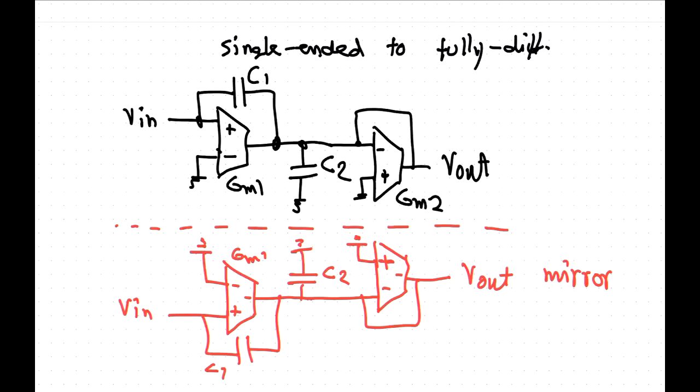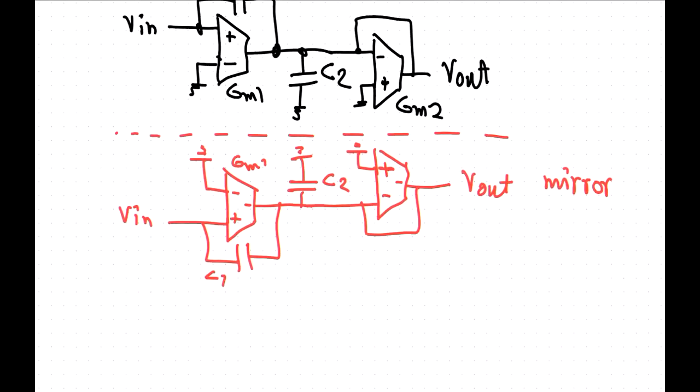But with the mirror circuit, now you can identify all these transconductors, and you can make these two into a fully differential one, where this is a positive input and this is a negative input, and that then becomes your fully differential structure.